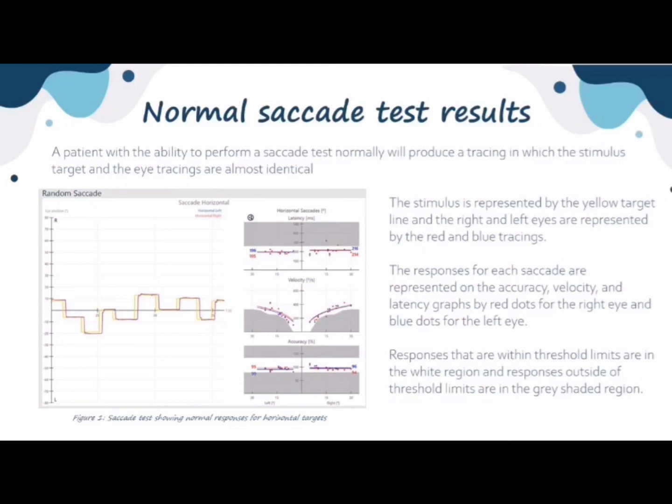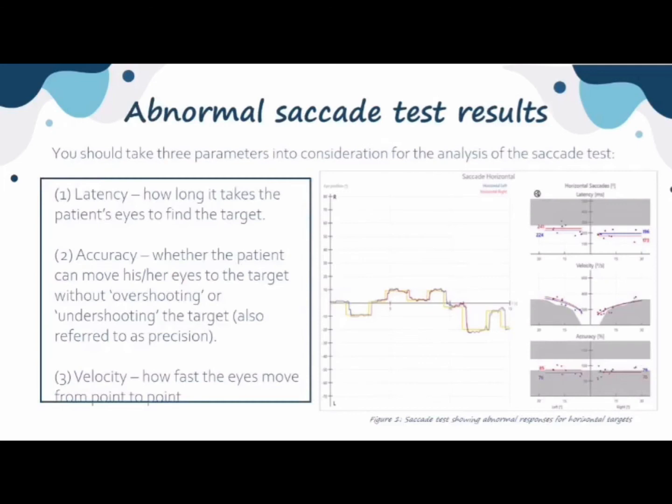Responses that are within threshold limits are in the white region, and the responses outside of threshold limits are in the gray shaded region. For abnormal saccade test results, you should take 3 parameters into consideration for the analysis of the saccade test.